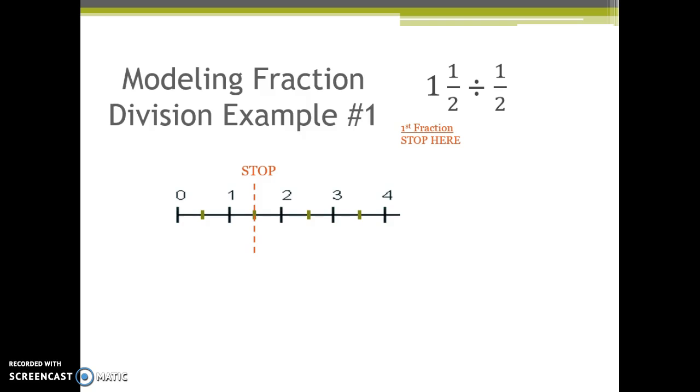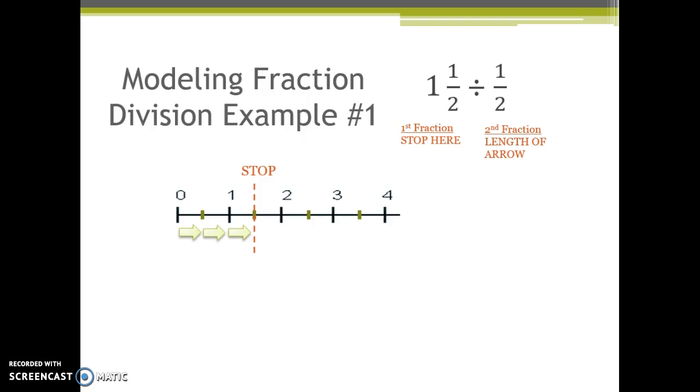Stop at 1 1/2. And then the second fraction is telling me the length of my arrow. Now you don't really know what I'm talking about right now, but when you see the arrows, you'll get it. So I'm going to make all of my arrows 1/2 long. So each arrow is going to go to a tick mark. So I have one arrow going to this first tick mark because this length is 1/2. Then I have a second arrow, so I have two arrows now. So I'm at 1. And then I have a third arrow.